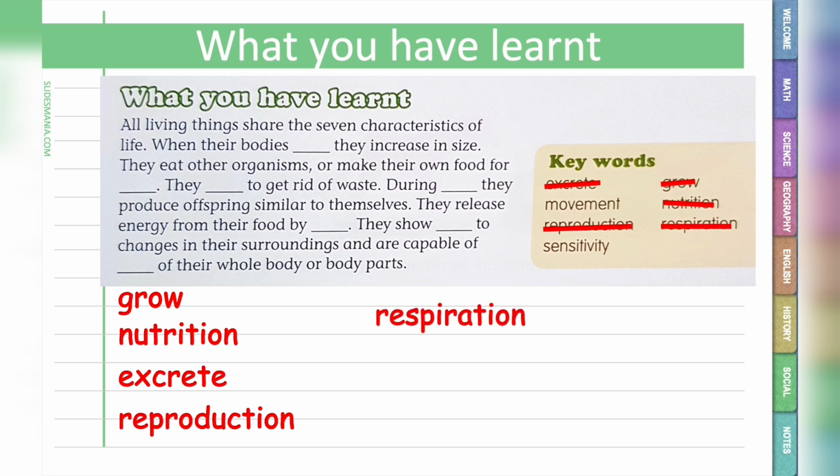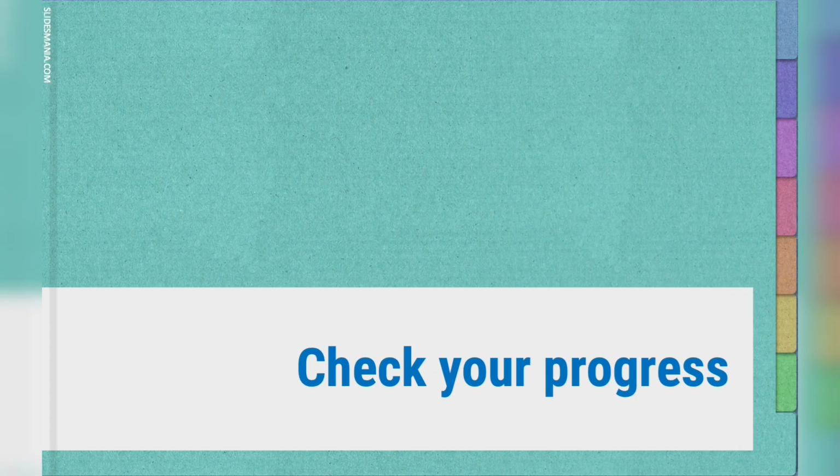Yes, by respiration. They show blank to changes in their surroundings. They show sensitivity. Yes, it is sensitivity because they can sense everything from their surroundings. And are capable of blank of their whole body or body parts. What can they do from the body parts? Movement. Yes, movement. Now you can open your notebooks and let us do the check your progress part.